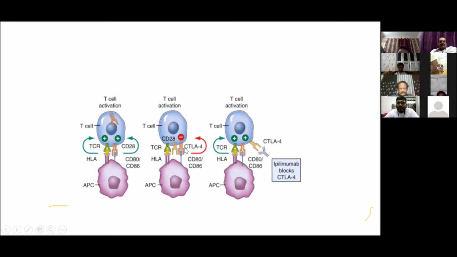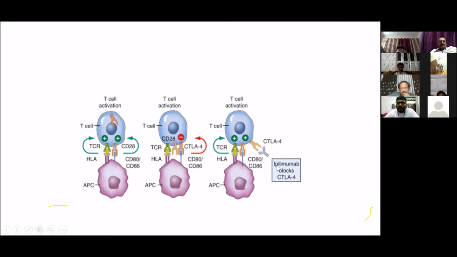But the immune checkpoint inhibitor, which is CTLA4, is a checkpoint by the body, by the immune system, to avoid excessive activation of the immune system. So this CTLA4 binds to CD80 and inhibits the activation of the T cell. So the antigen presenting cell is not able to activate this T cell. Hence, the activation of the T cell does not happen.